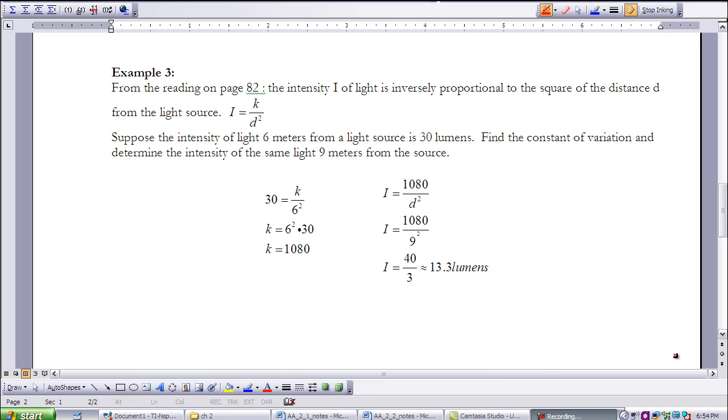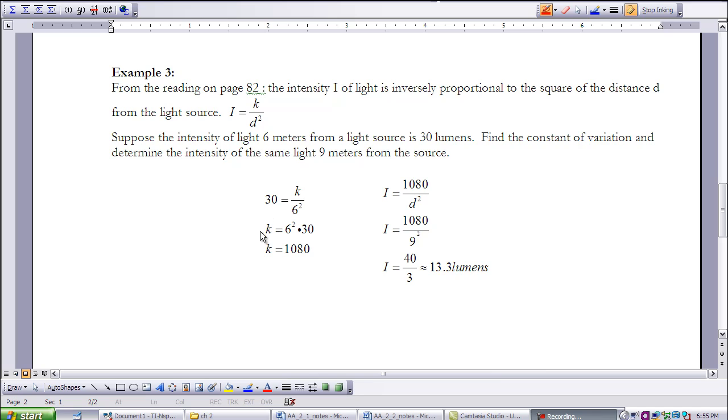So our equation was listed here, I equals k over D squared. So we substitute the information given to us. It's 6 meters from the light source, so that's 6 squared on the bottom, and it is 30 lumens. That's our intensity.